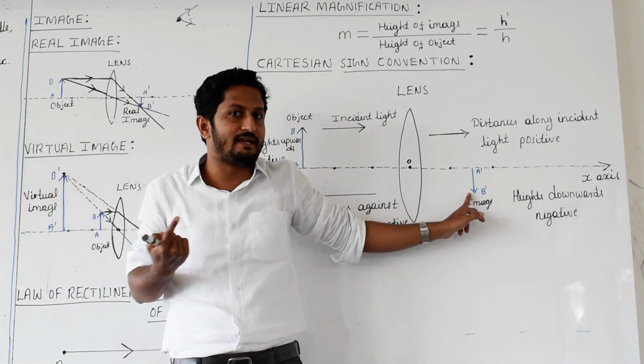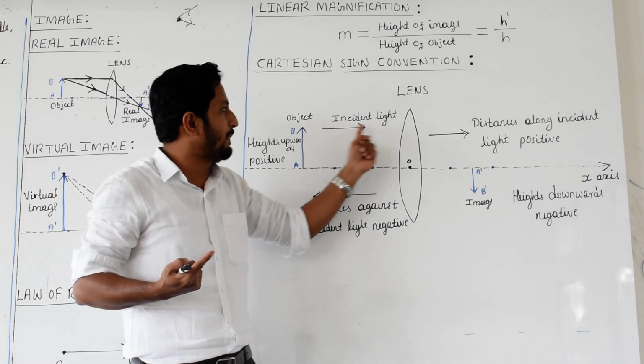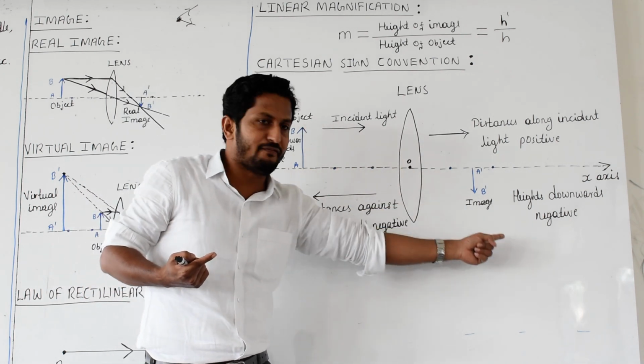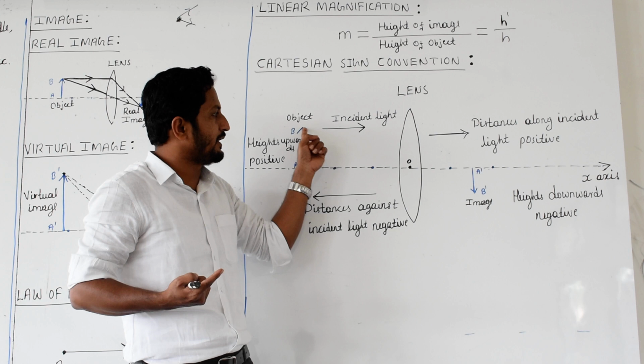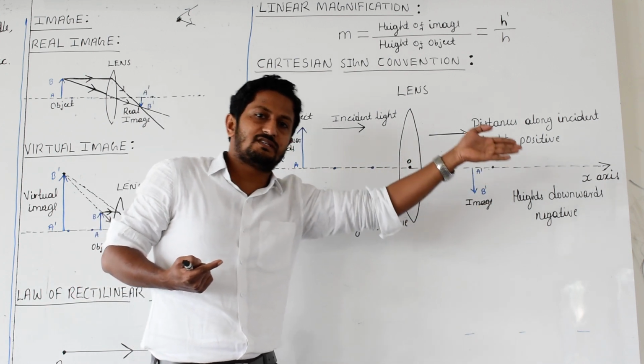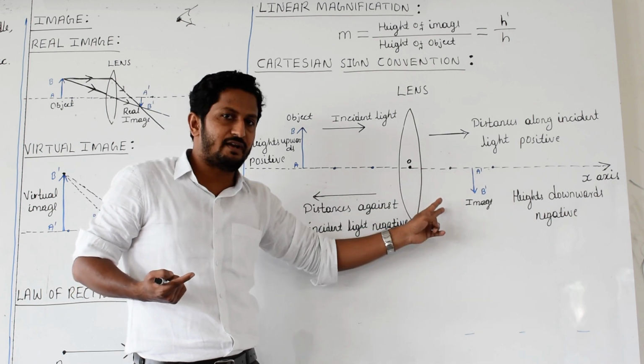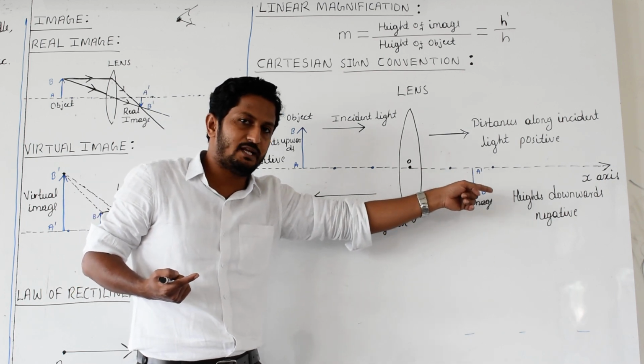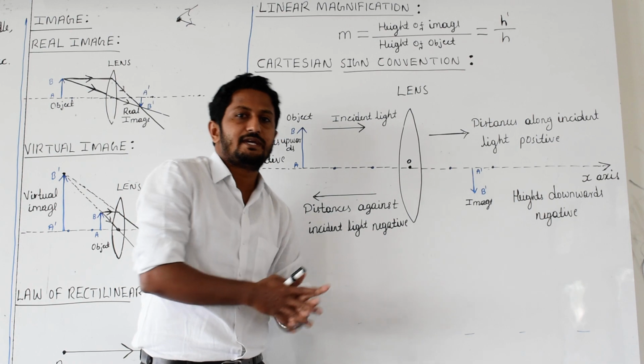I have taken one parallel light ray, which got refracted, and one more through the optical center, which keeps moving along the same line. Those two refracted rays intersect somewhere, and there they produce the image.